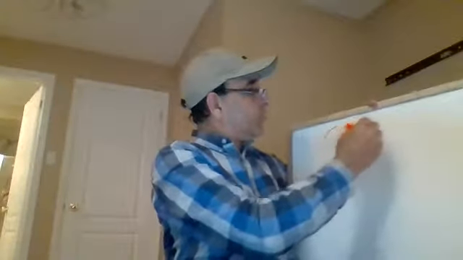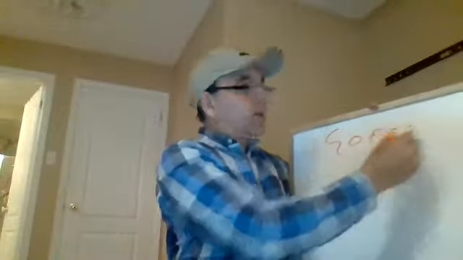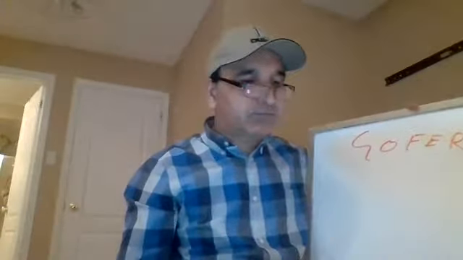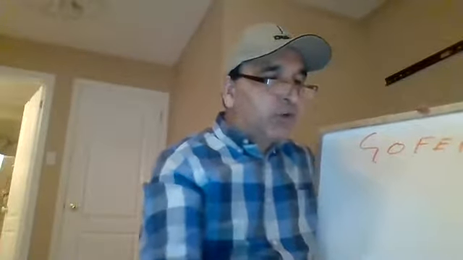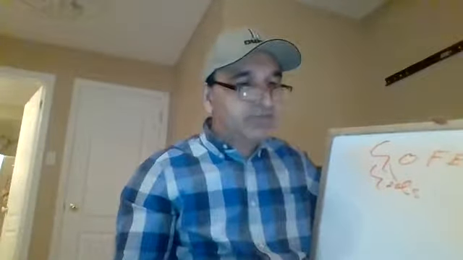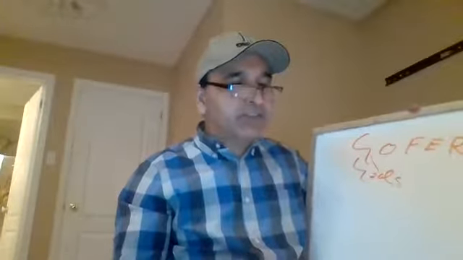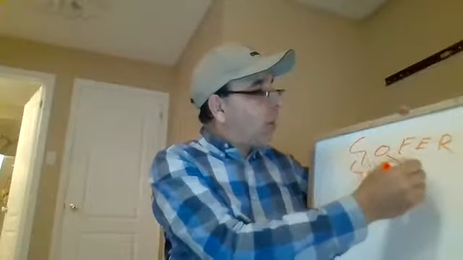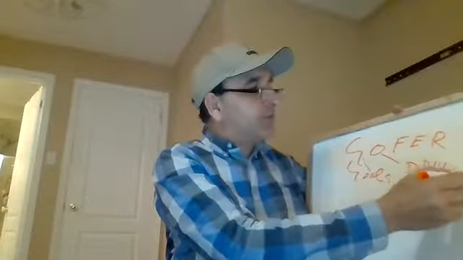So one of the models was DECIDE. Now tell me, what is DECIDE? D for what? E for what? C for what? Think over it. Now I'm coming to the second model, and the second model is GOFER, G-O-F-E-R. G is for goals, goals identification and clarification. O is for options. What are your options?